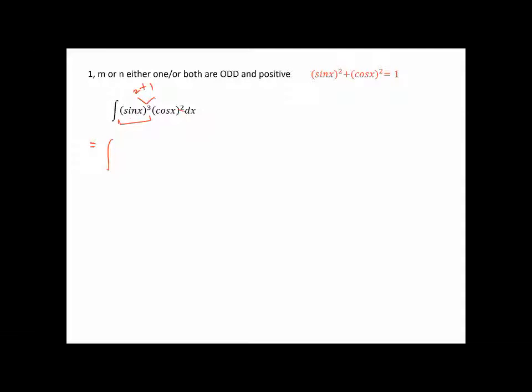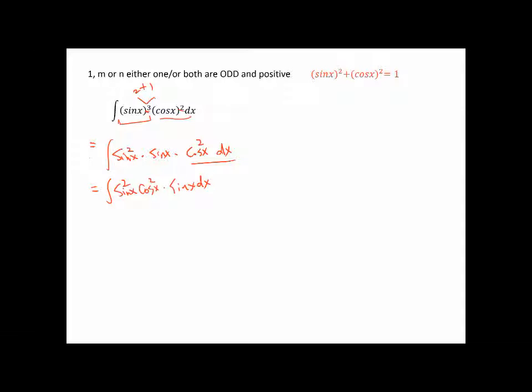So I rewrite my question. I don't care what the other one carries; I only care about the one that carries the odd number. So rewrite it as sin x squared times sin x, which is 2 plus 1, times cosine x squared dx. This part I only copy. So I rewrite it as sin x squared cosine x squared sin x dx.